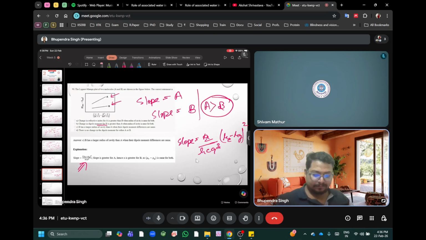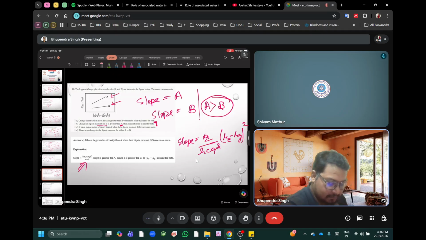Slope is greater for A, of course, and hence A is greater than B, as this is same for both. Option B, change in dipole moment for B is greater than A when radius of the cavity is same for both.